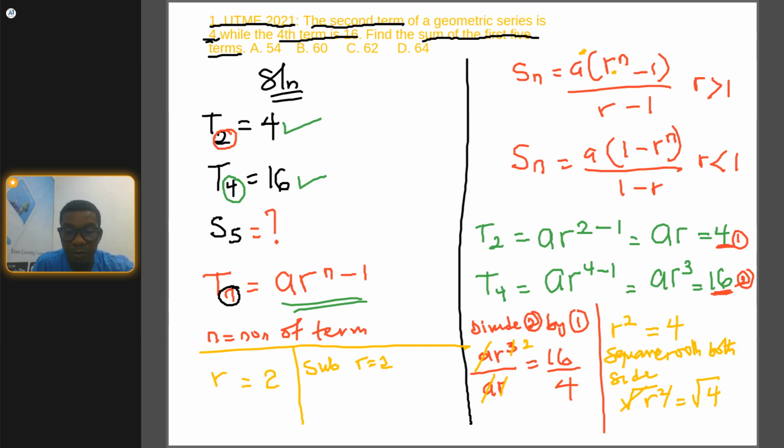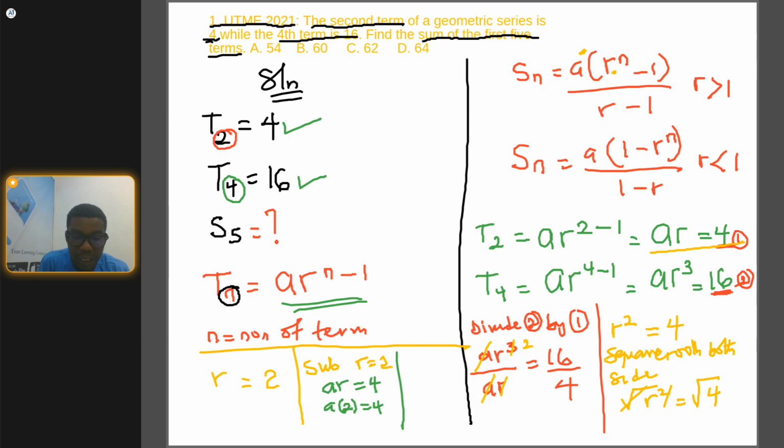For easy solving, I'm going to substitute in equation 1. And what is equation 1? Equation 1 is AR equals 4. Substitution means you are going to replace R by 2, and that has to be in a bracket. So we have A into the bracket 2 equals 4.